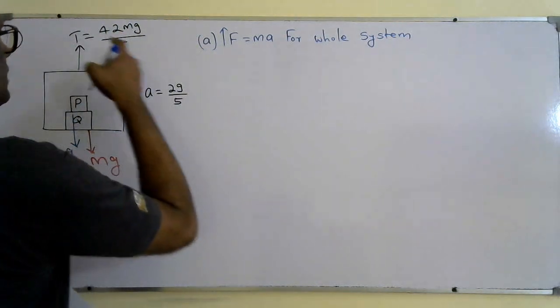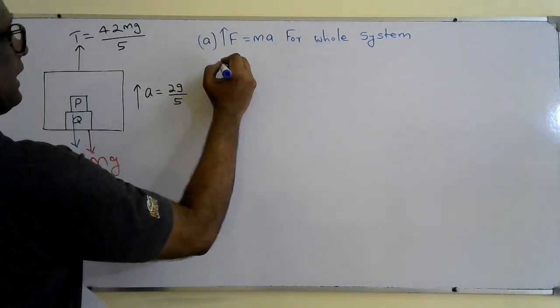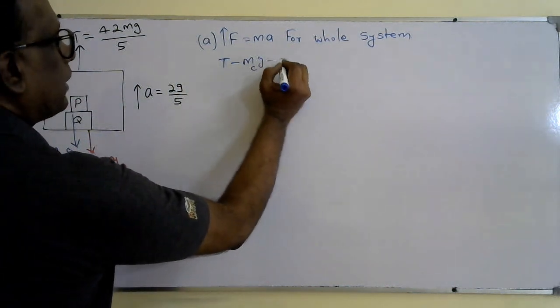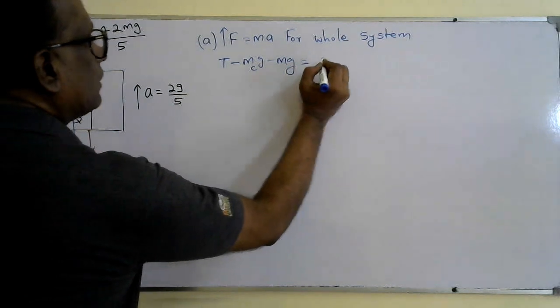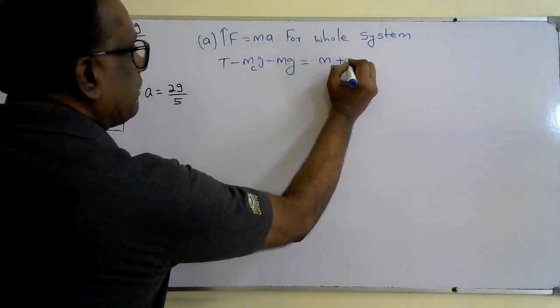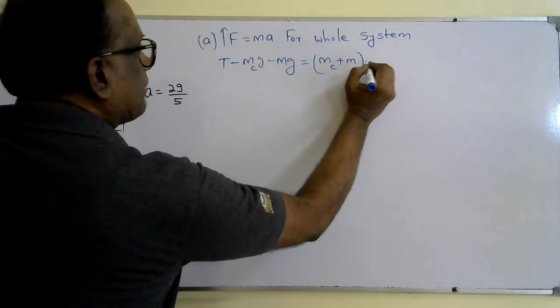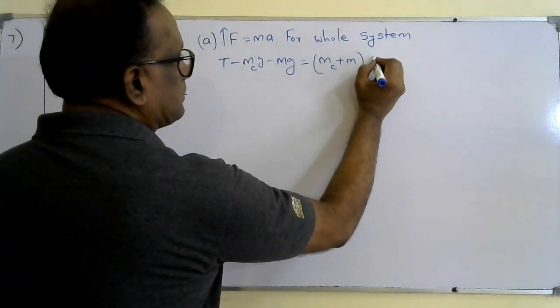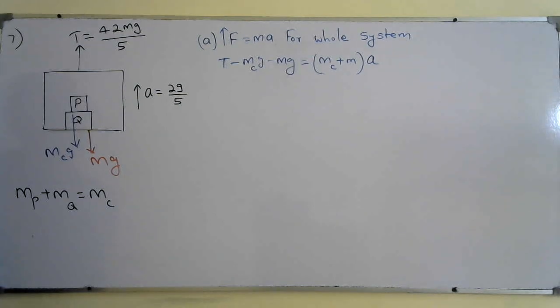So the total force is upward, tension T minus the weight Mcg minus mg, equal to the total mass Mc plus M times the acceleration a, that is 2g over 5. I want to substitute.